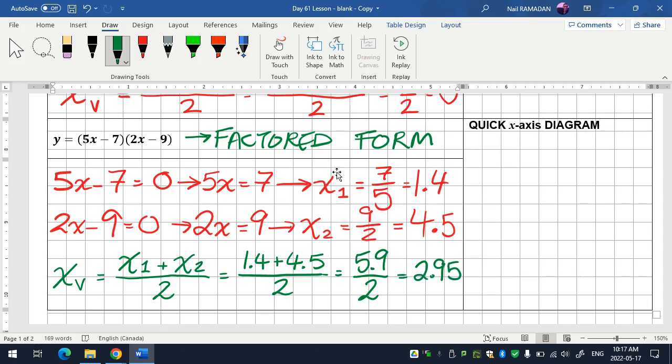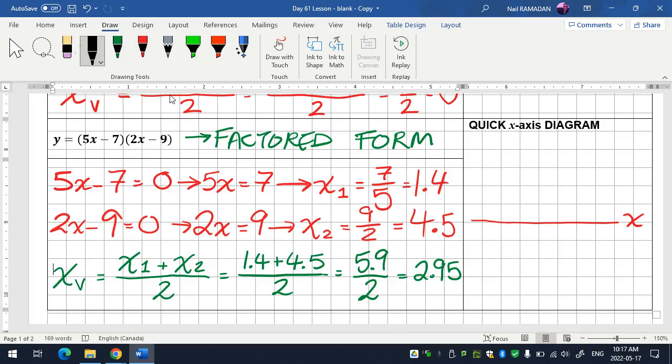Okay, let me make my horizontal x axis. I'm going to do it in red. Interesting. One of them is bigger than the other. So the 4.5 is more to the right, and the 1.4 is before.